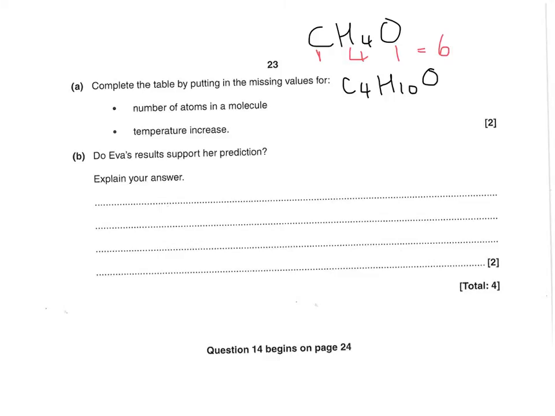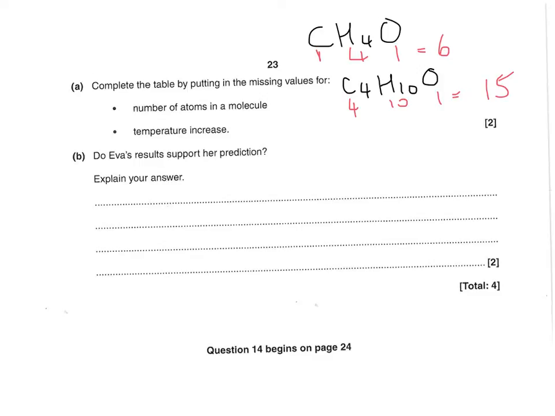So there you've got 4 carbon atoms, 10 hydrogen atoms, and 1 oxygen, and that equals 15. So you've got 15 for that one. And then the temperature increases, you should add 12 for ethanol and 14 for propanol. So that's just working out the difference between the start temperature and the end temperature.